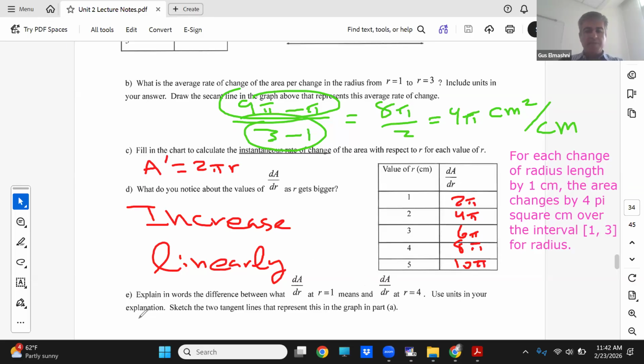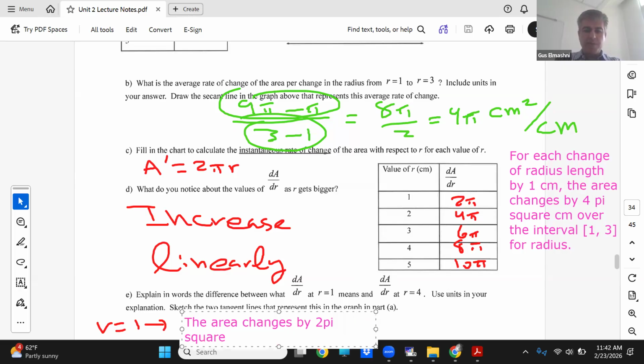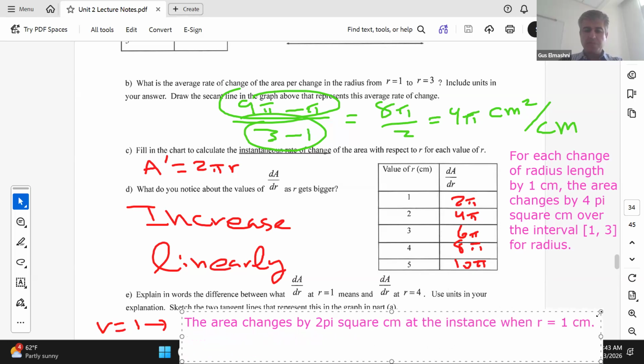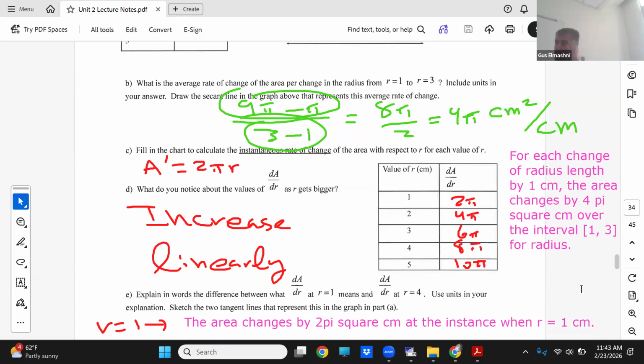Well, what happens is that at r equals 1, the area changes by 2 pi square centimeters at the instant when r equals 1 centimeter. That's what that means, because the slope is not that steep at r equals 1.